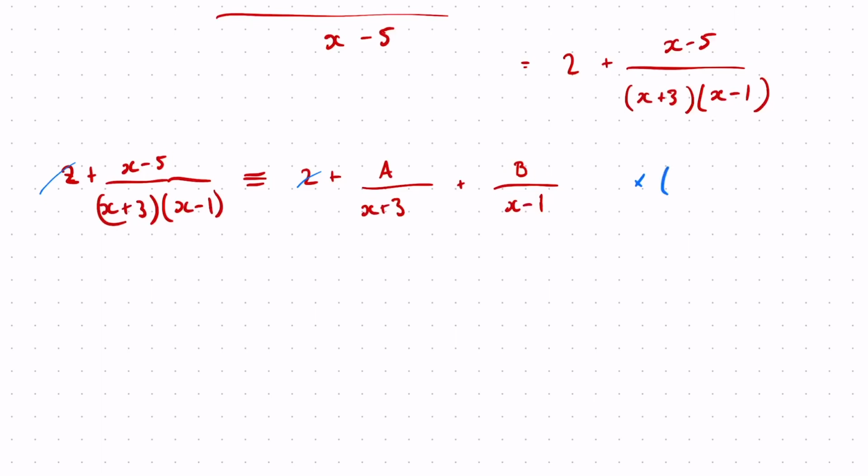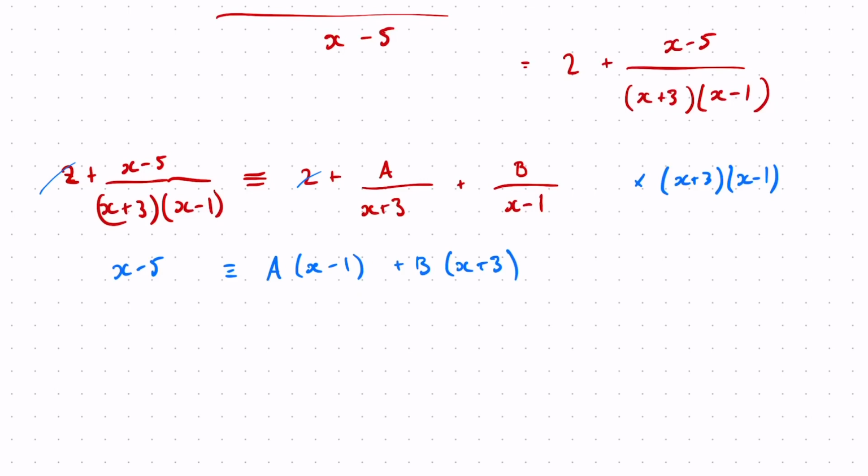So that's going to give me x minus 5 is equivalent to a(x minus 1) plus b(x plus 3). And now it's basically example 1 all over again. Very straightforward. Cancel out my a, cancel out my b.